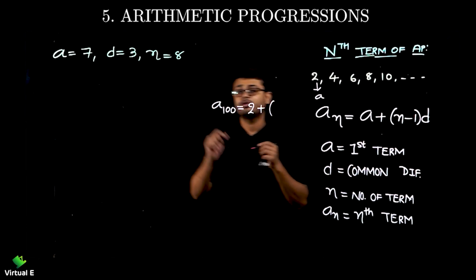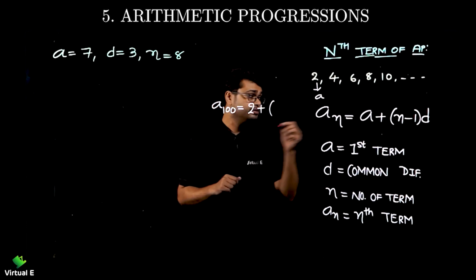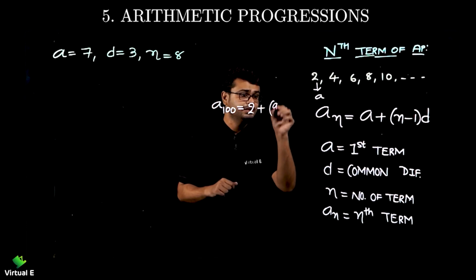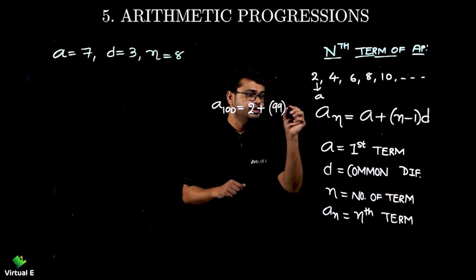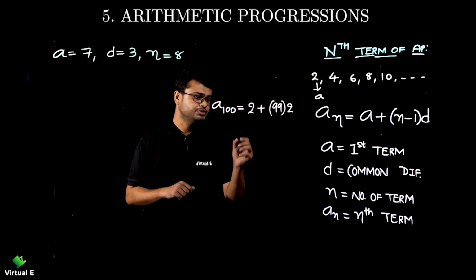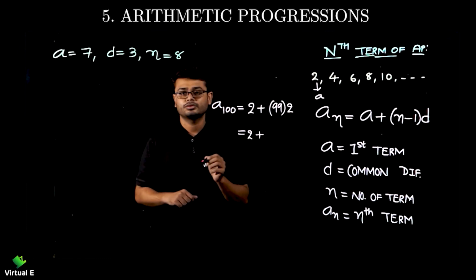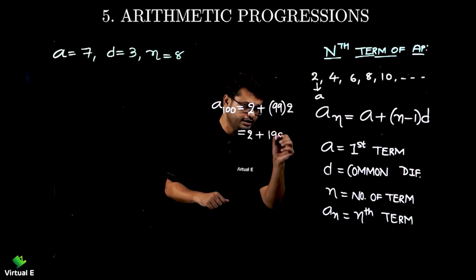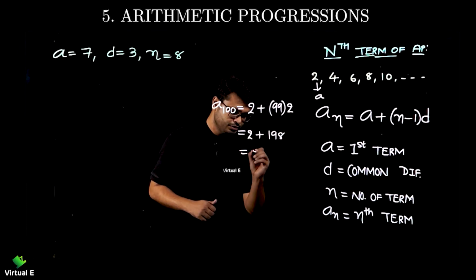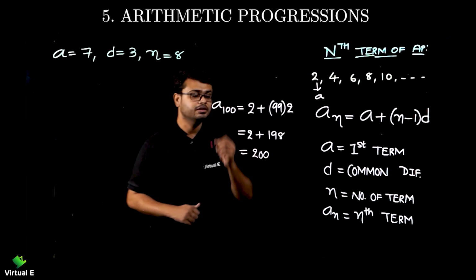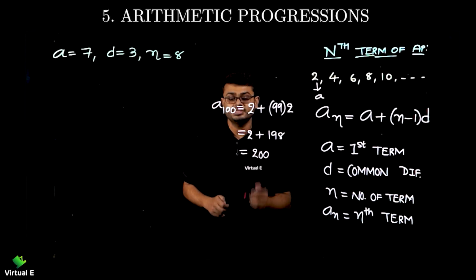Here n is 100 since we want the 100th term, so 100 minus 1, that is 99. And d is 2. So that is 2 plus 99 into 2, 198, is equal to 200. So the 100th term's value is 200.